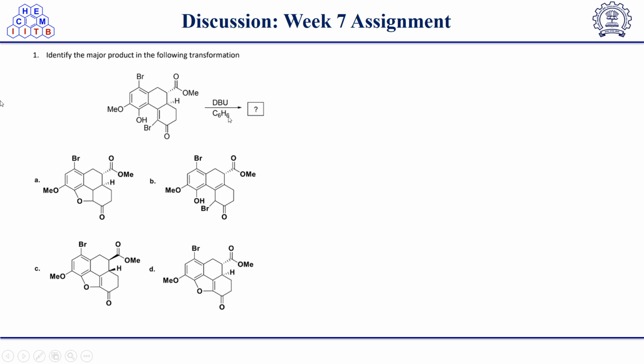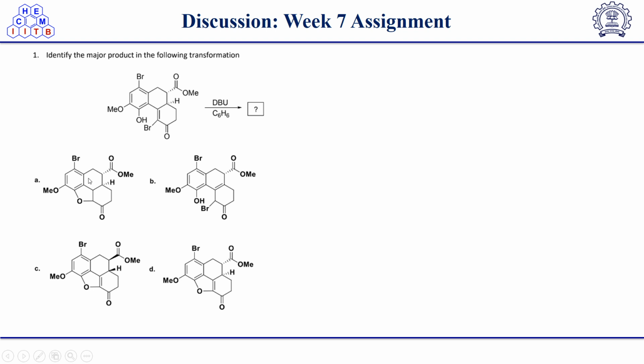Upon treatment with DBU, what can happen in this reaction? As you can see, there are four options. The first option is cyclization, where an additional 5 membered ring is forming. The second option is isomerization.